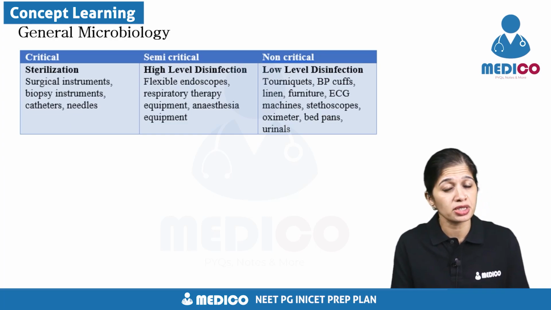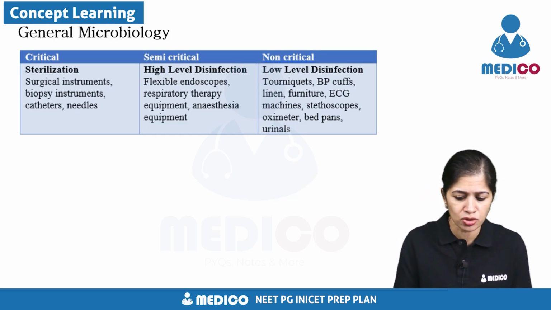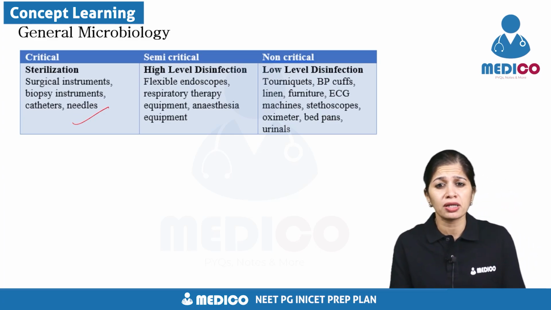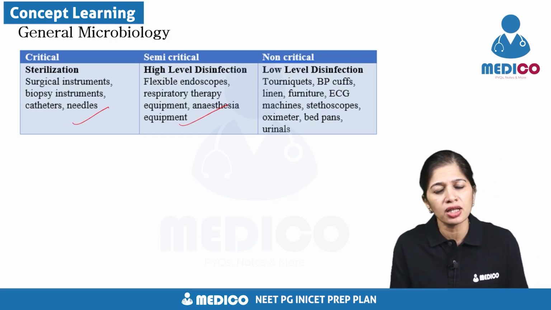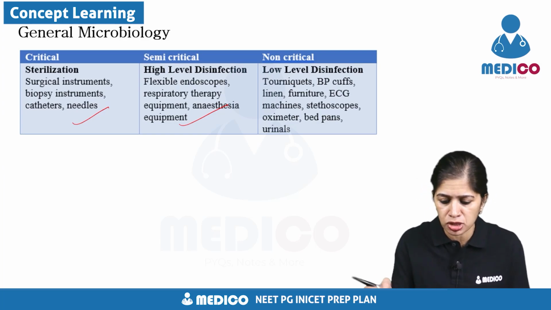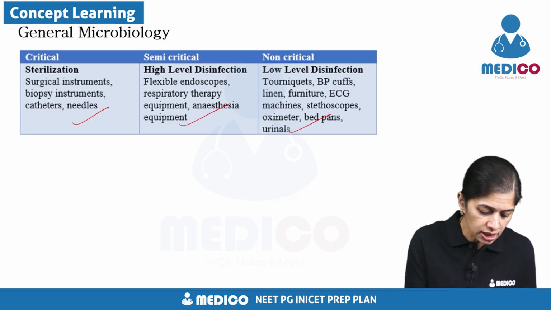Critical items are your surgical instruments, the biopsy forceps, catheters, needles and so on. And the semi-critical items, we already said, the scopes, respiratory therapy equipment, anesthesia equipment, and low level is your BP cuff, the bedpans, the urinals, the pulse oximeters, and all those things come under the low level disinfectants.